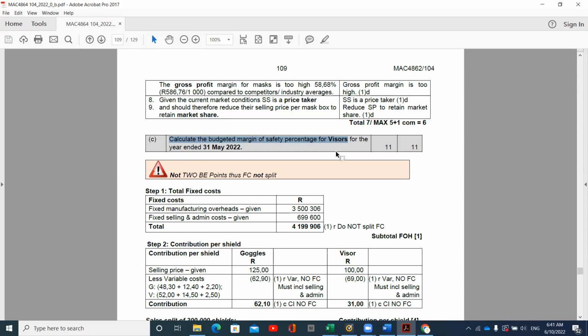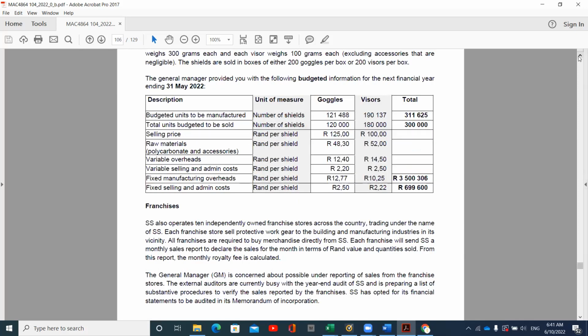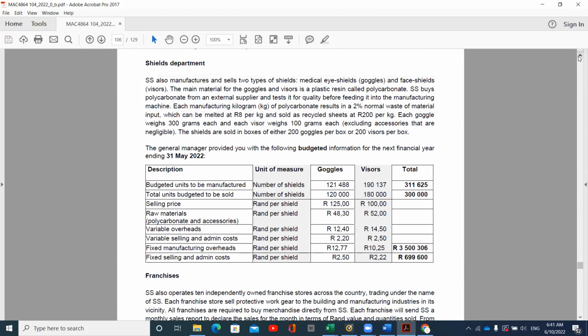Now, when you want to calculate margin of safety, once again, you start with the end in mind. What is the end in mind? The end in mind is how do you calculate margin of safety? So we first write down the formula, and then we start plugging in what we have and calculate what we don't have. But before we get there, let's read.